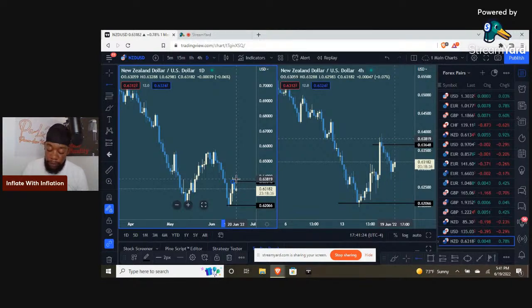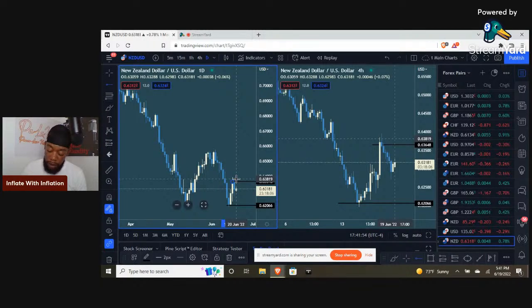But hold on. See how much Aussie changed. Aussie went down 2. Cash stayed the same. Swiss franc stayed the same. Euro went up. Pound went up.